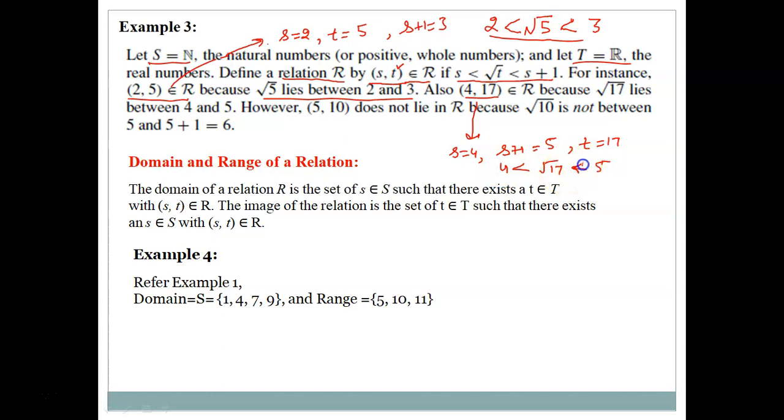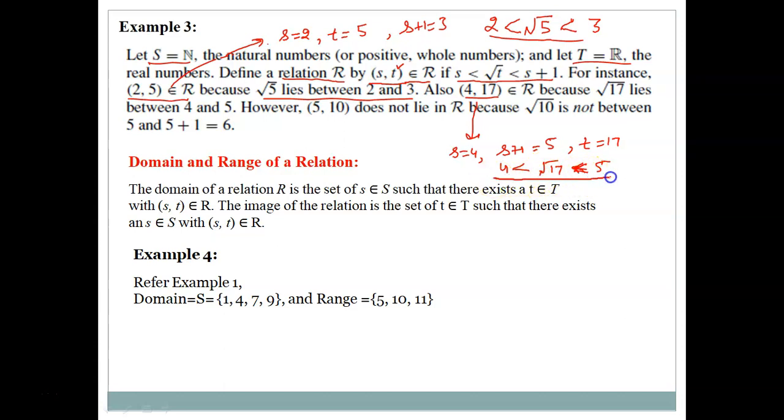Why? Because in order to exceed this 5, there should be more than root 25, because if you write root 25, that will be equal to 5. Otherwise whatever value you write in the square root, less than 25 will definitely be less than 5.